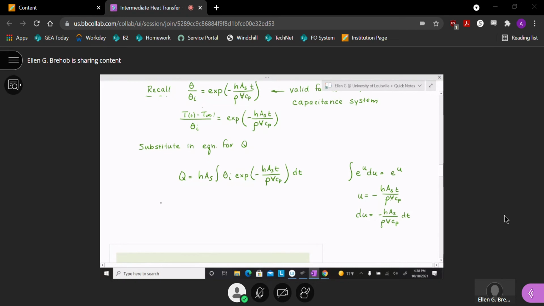So I want to form that. Keep carrying this theta I along. All right. So I'm adding that constant because I'm going to need the reciprocal to form my du.